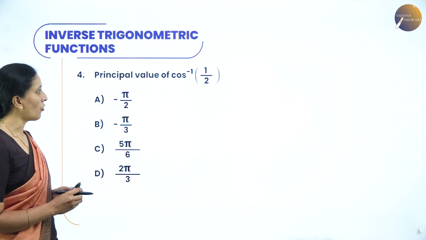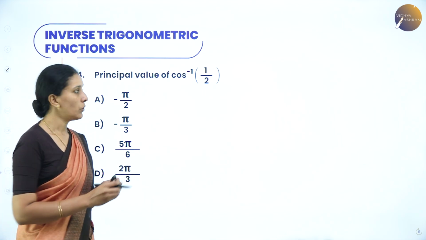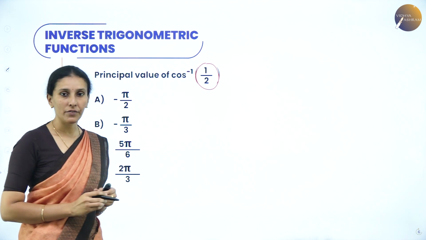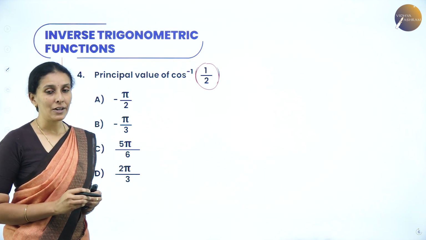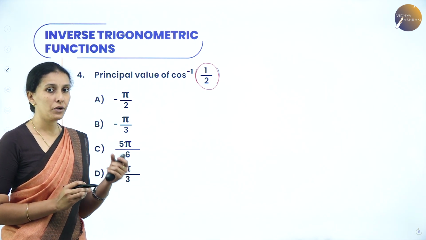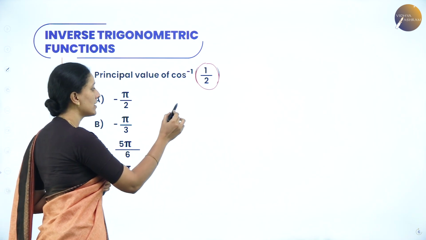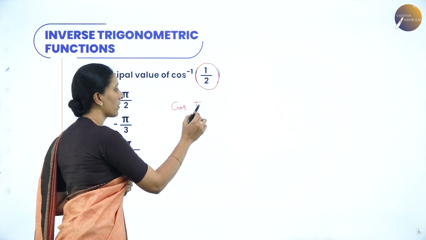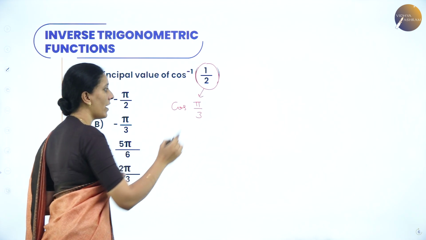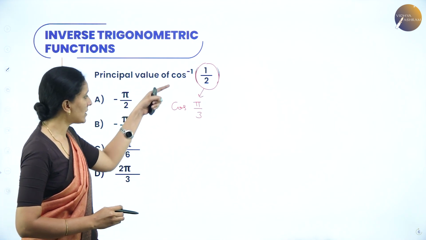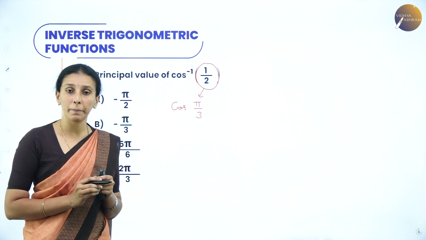Principal value branch of cos inverse half. We have half in cos function. What is the value of the angle which will give you half? That is cos pi by 3, that is cos 60 degree. If we write half as cos pi by 3, then cos inverse of cos pi by 3 should be pi by 3.